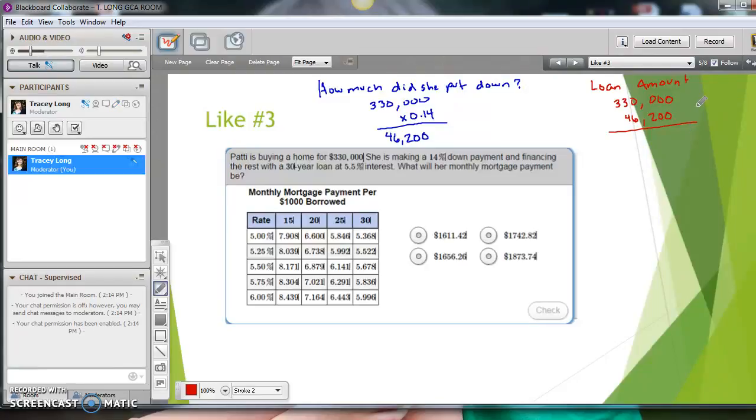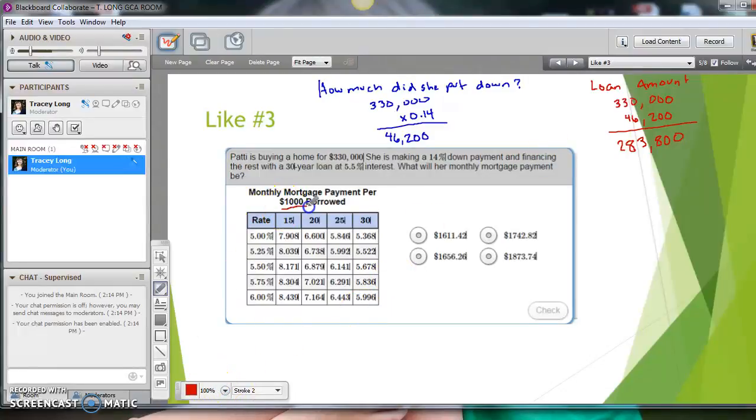So I'm going to put in 330,000 minus 46,200. Sorry, my brain was still stuck on the last step. So her loan amount, or the amount she borrowed, is $283,800.